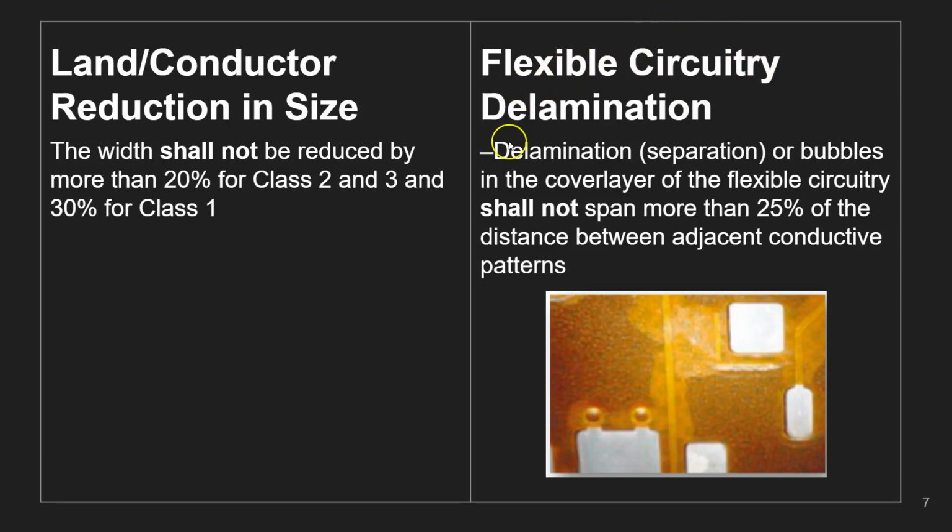Flexible circuitry delamination occurs in those types of PCBs which are flexible, and delamination, as you know, is the separation or the bubbles in the cover layer of the flexible circuitry, and it shall not cross more than 25% of the distance between adjacent conductive patterns. The trimmed edge of the flexible circuitry shall be free from any kind of nicks, delamination, or tears.